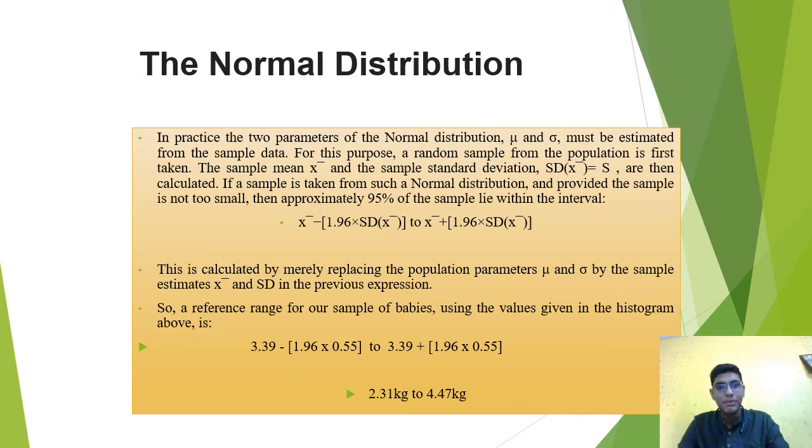If a sample is taken from such a normal distribution, and provided the sample is not too small, then approximately 95% of the sample will lie within this interval. This is the given interval, and this is the mathematical representation. And there's an example of the range of sample weights of babies, which I have discussed before. Now you can see the formula used, and the answer will be there.